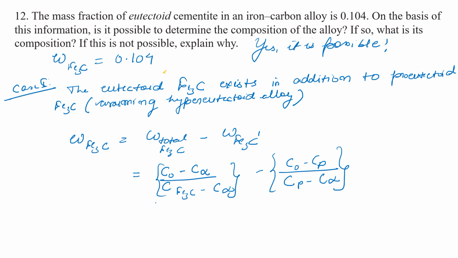So just plug in the values. C naught we don't know, so we need to find out C naught. So C naught minus 0.022 divided by 6.7 minus C alpha.